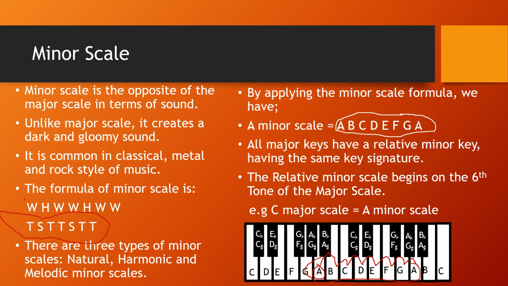So I'll play a major scale on the key of C, and then a minor scale on the key of A, so that we get a sound of how it is.